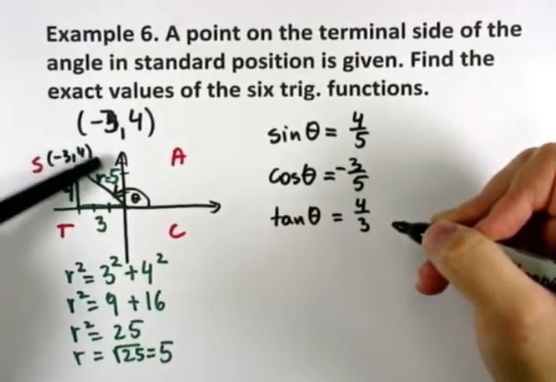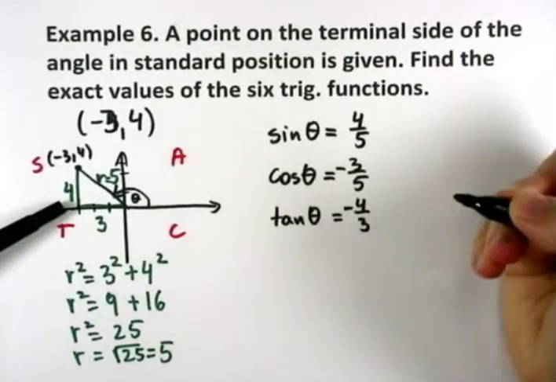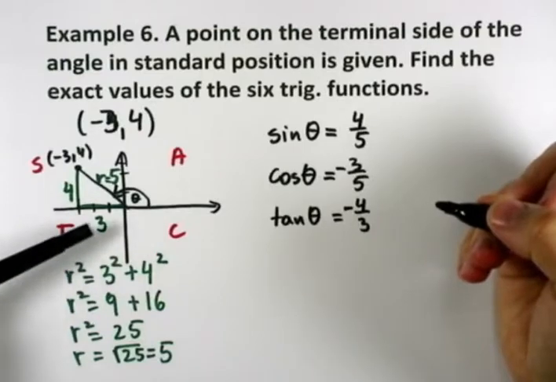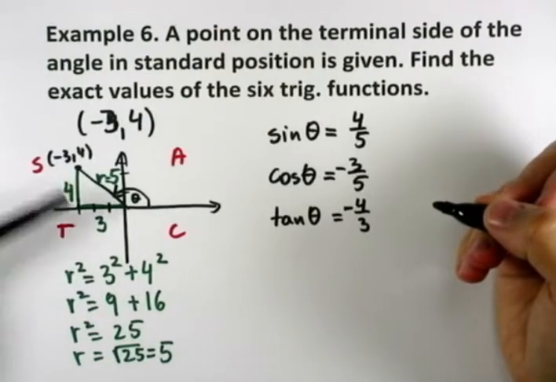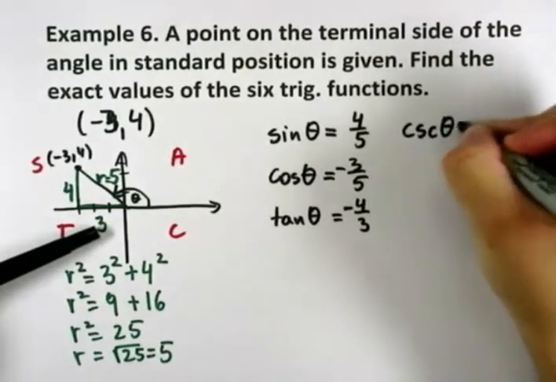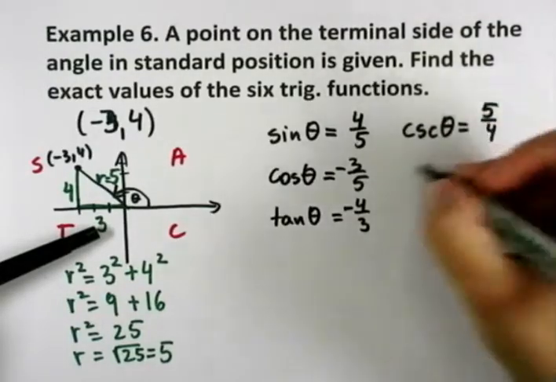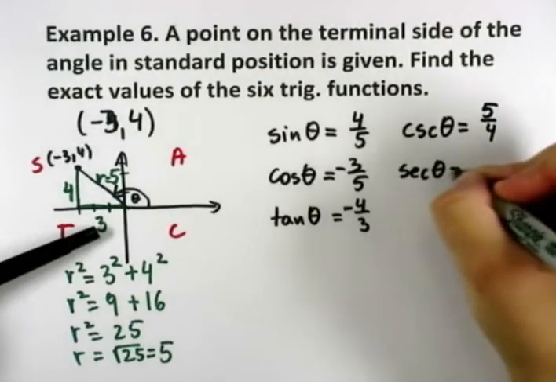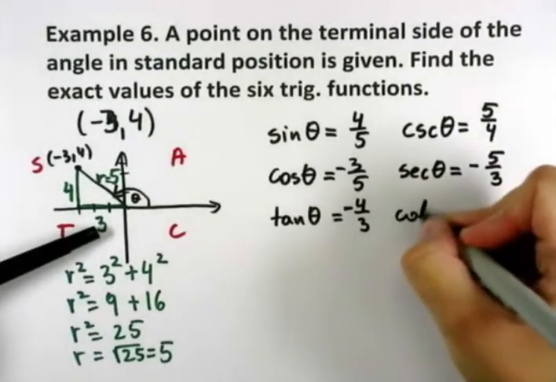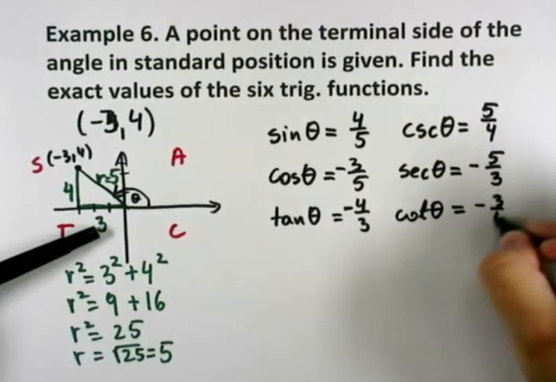And we are in the second quadrant, so the tangent is negative as well, because it would be like 4 over minus 3, which is negative. And then we have cosecant theta, the inverse of sine, which is 5 over 4. Secant theta is the inverse of cos, which is minus 5 over 3. And cotangent theta is the inverse of tangent, which is minus 3 over 4.